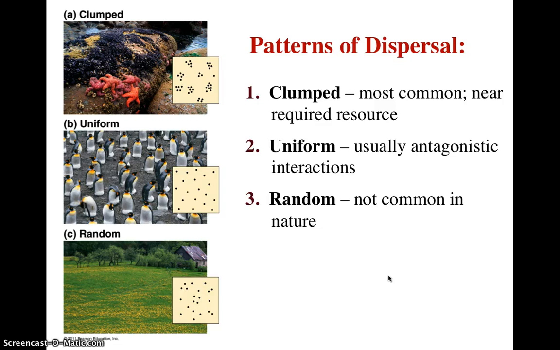This way there's not much aggressive behavior towards each other. Another thing we talked about before, I think in chapter 51, is how the birds would just stand or sit on their island and not allow other birds to attack them. That's the same thing, uniform dispersion.